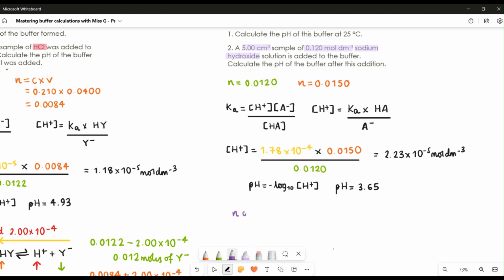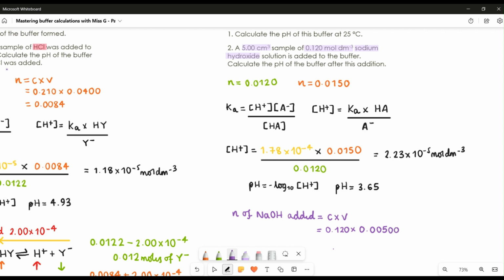So moles of NaOH, sodium hydroxide added, equals concentration times volume: 0.120 times 0.005 decimeters cubed.